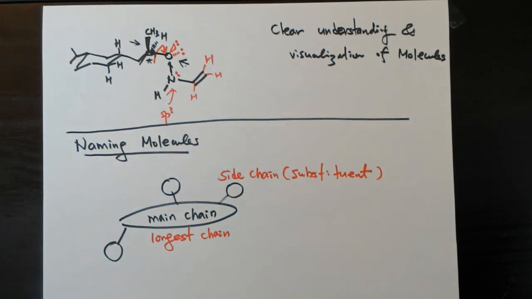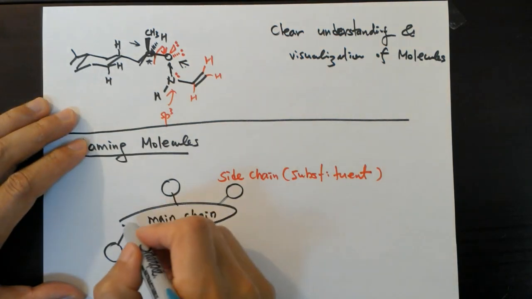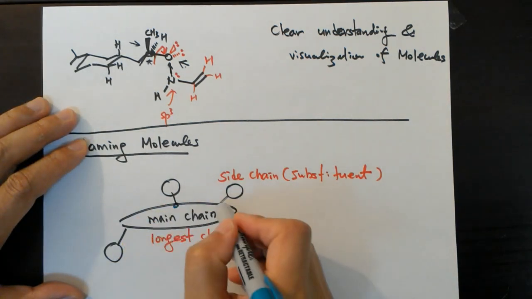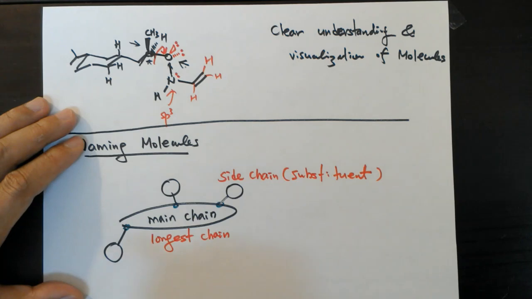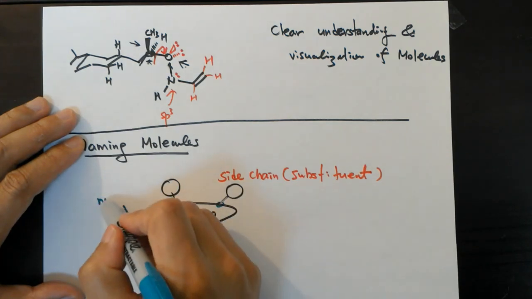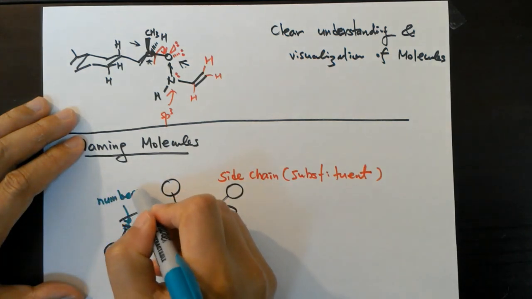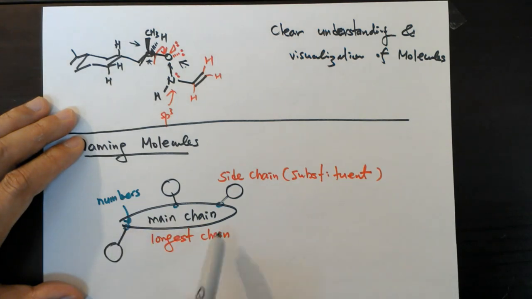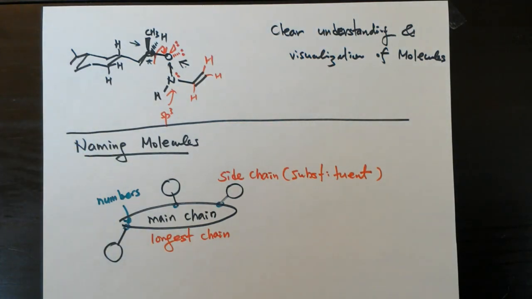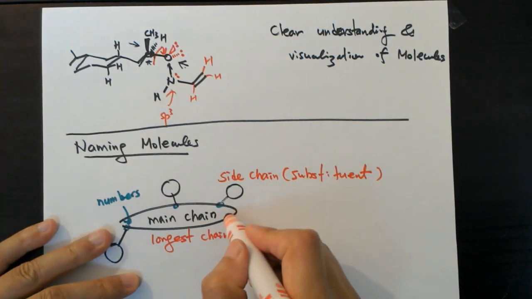Then we give number to indicate the location of each attachment. So numbering of the main chain is part of the naming. Then you have to notice what type of functional groups you may have.